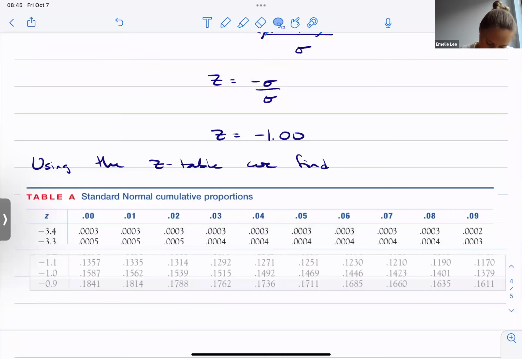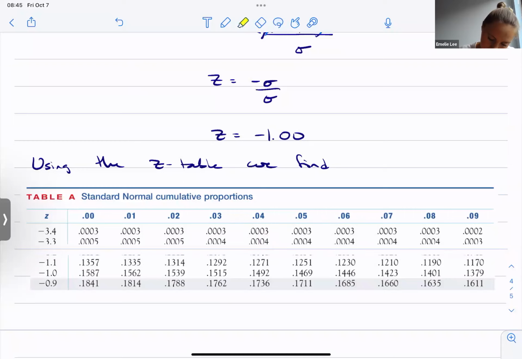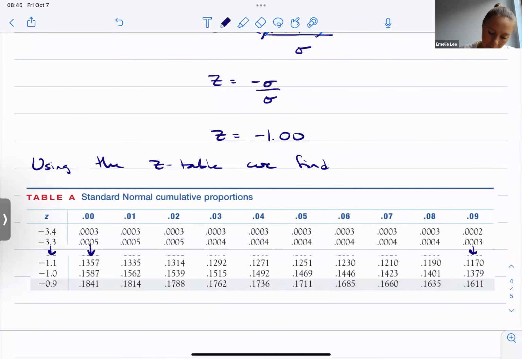There. So again, this just keeps going. So if I have a Z of negative 1 even, then I go negative 1.00. So we don't have to highlight very much. I'll do this whole row, but then this is the one that we want.